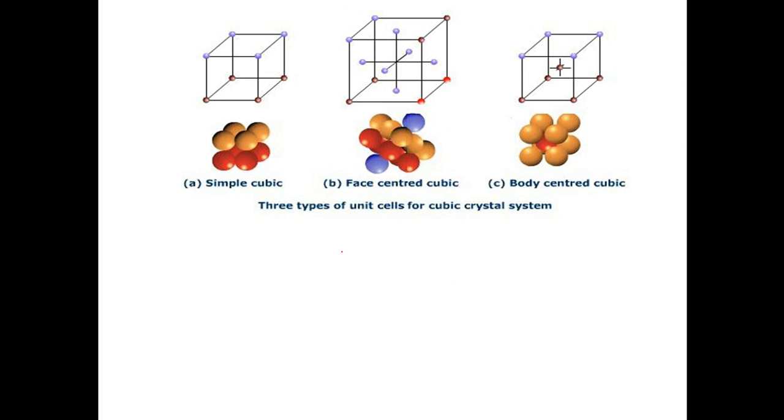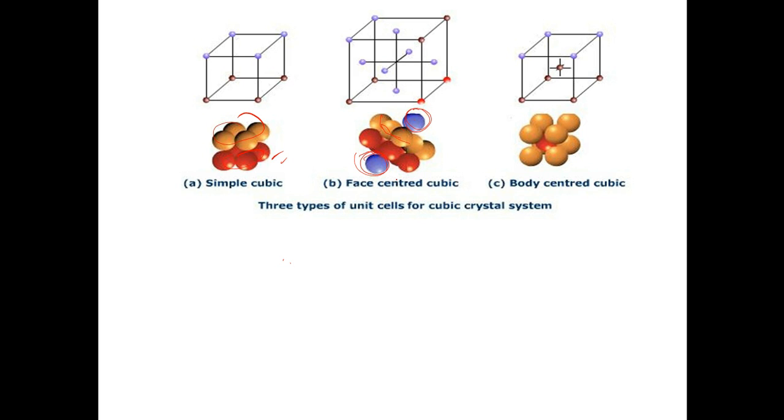Here we will discuss, this is the simple unit cell, so these are the 8 atoms. You can easily find out that there are 8 atoms, 4 are orange color and 4 are red color. These are the face center, in which 4 are blue, 4 are red, and it also consists of these 4 atoms which are present in the face, this one for the front face and this for the back face.